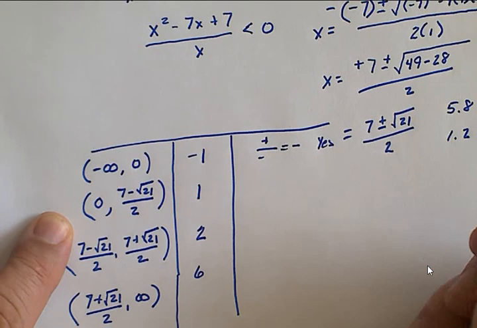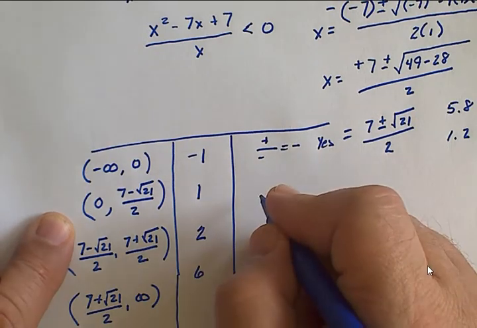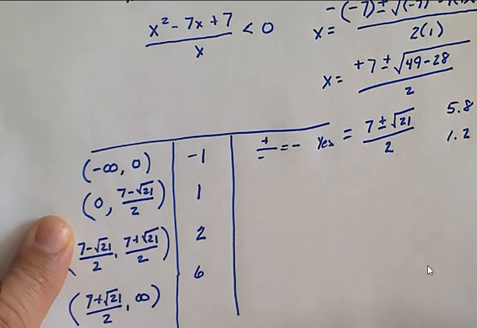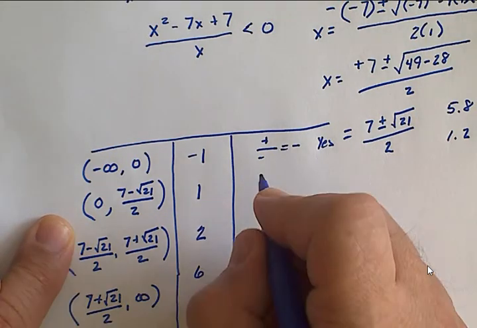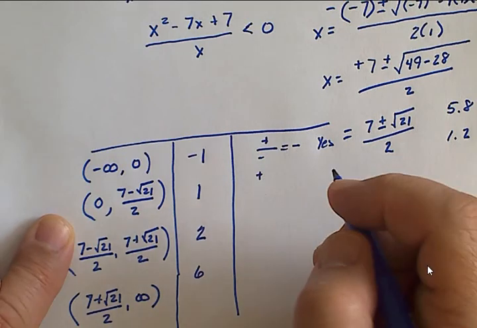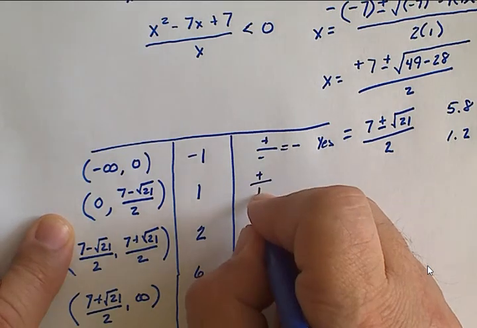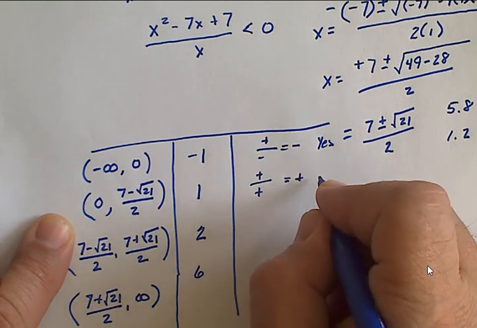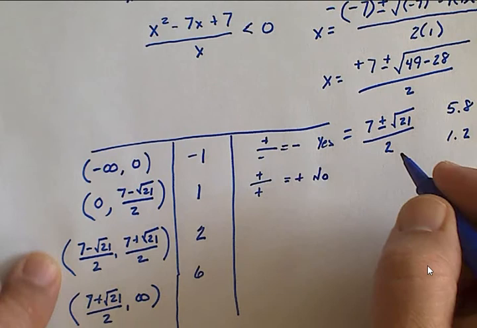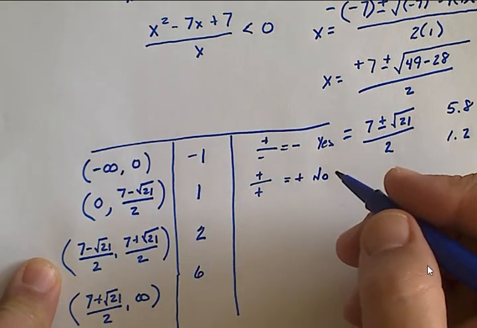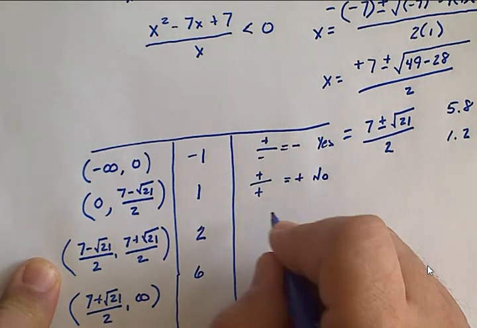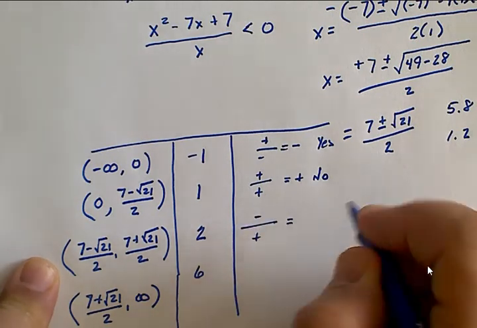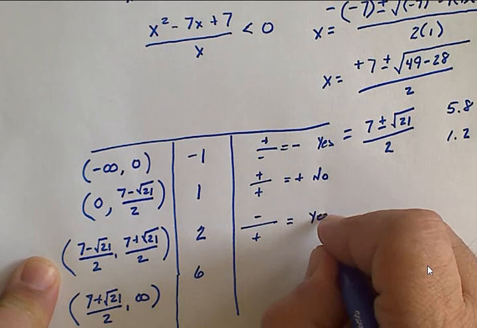Okay, plugging in +1, I get a positive on top and a positive on the bottom. That won't work. Plugging in 2, I get a negative on top and a positive on the bottom. That's a yes, because that answer is negative.